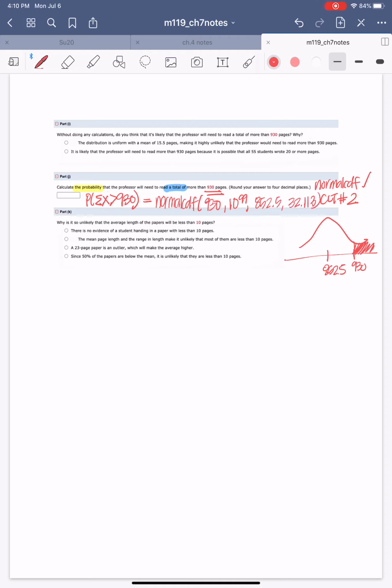Final answer, using the calculator, normal CDF, entering it, I get 0.0079. Okay. All right.